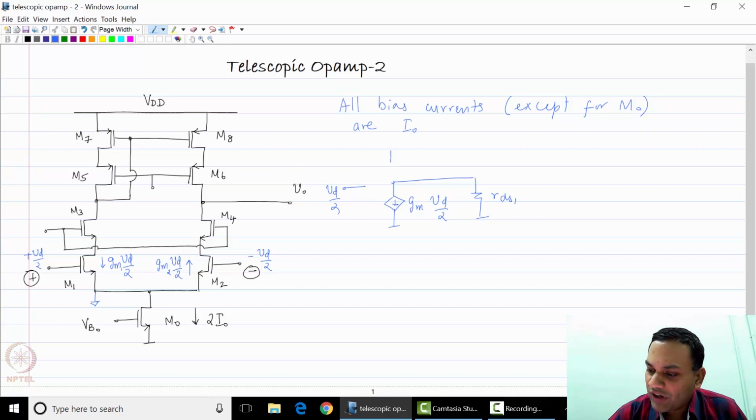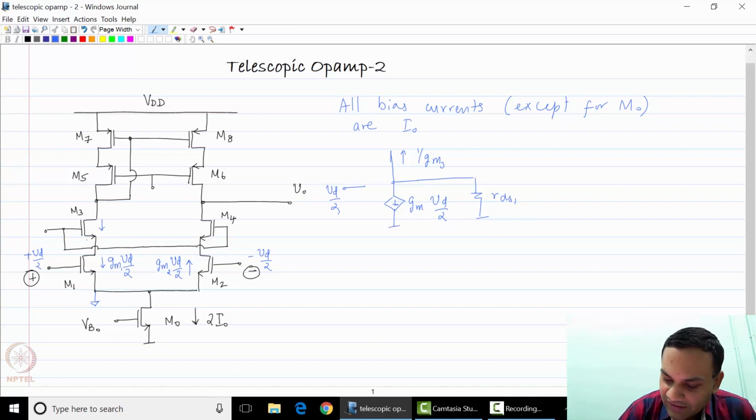The second path is upwards into transistor M3. For that I need to find out the impedance looking upwards through the drain into the source of M3. This impedance happens to be very close to 1 over Gm3. So most of this current flows through transistor M3. Therefore, we can say that this current is Gm1 Vd by 2, and so is this current.